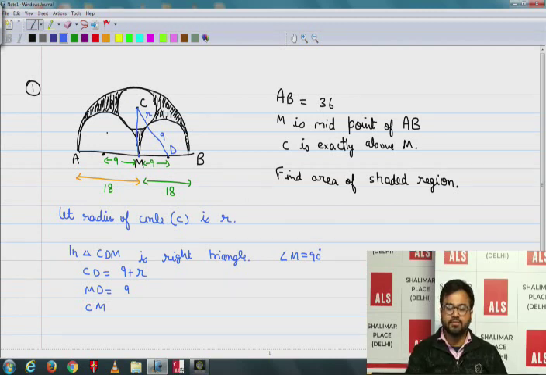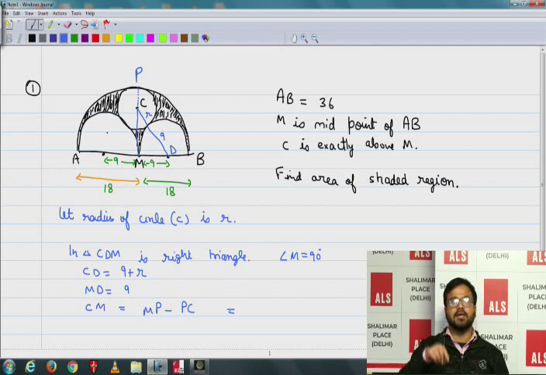You know that the radius of the larger semicircle is 18. This MB is 18. So if we go on the top, the MP would also be 18. So CM is nothing but MP minus PC, and MP, the complete radius of that larger semicircle, is 18, minus PC, the radius of that smaller circle, which is R.